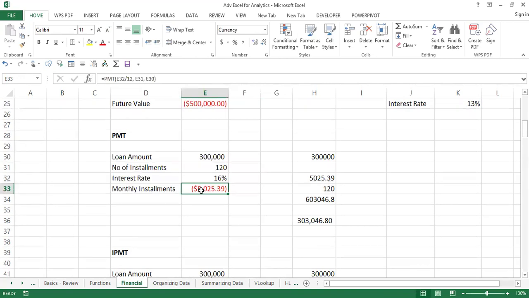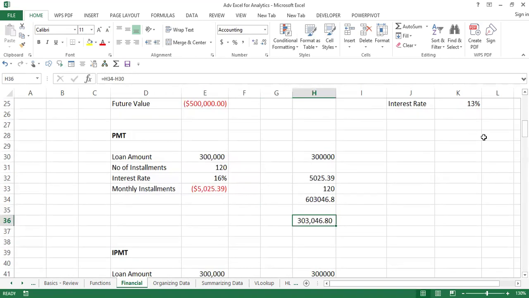This is paid back for 120 months, so the total amount paid back is this amount times 120, which gave us this. Which means this person took 300,000 and paid back 603. So what's the interest paid? This 600 minus 300, which is this.